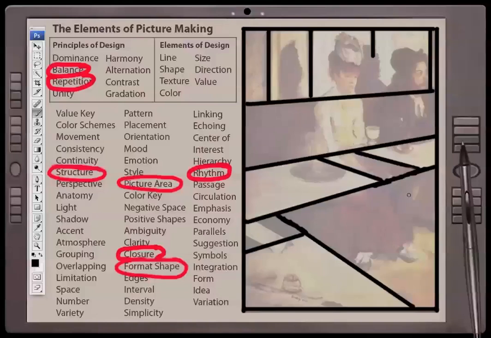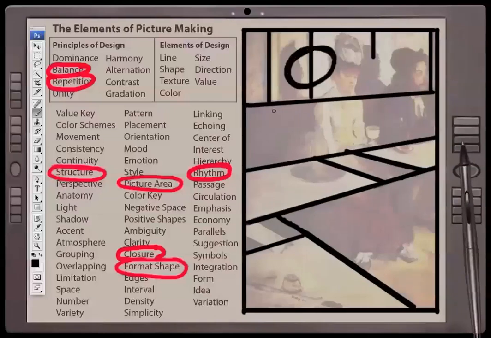Now, Degas has all these straight lines dividing up the picture area. But when you have a lot of straight lines, you need to provide the composition with some relief by way of curved lines. And here again, this is where balance comes in, where an opposing force is added. Balance is force and counterforce.